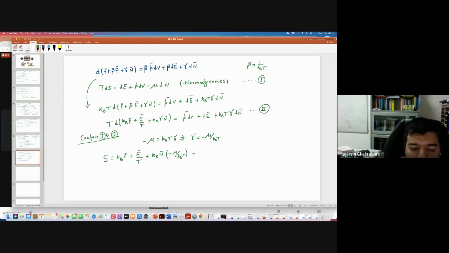So this will give you kB f, minus n bar mu by T. And this is actually the expression for entropy.